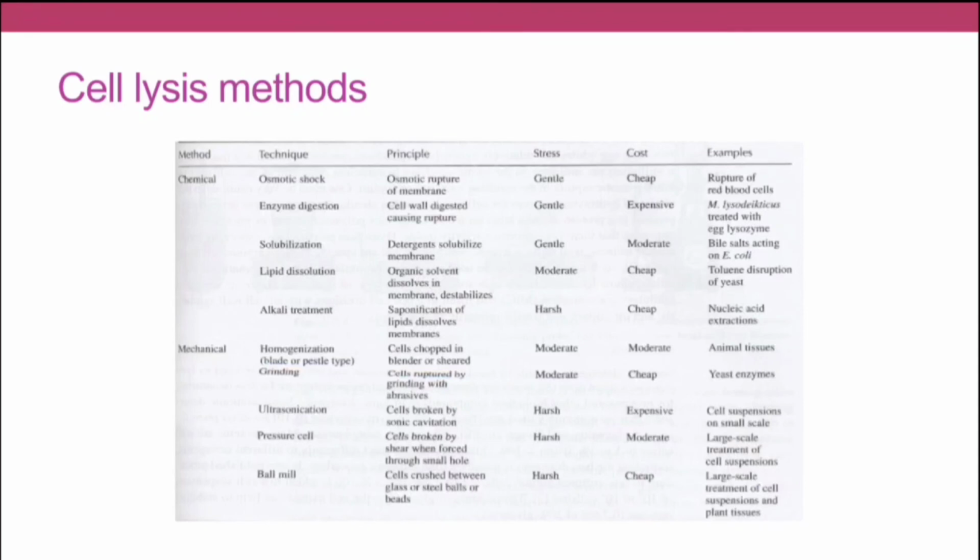The stress is very harsh, the cost is moderate, and large scale treatment of cell suspensions can be carried out. Then the ball mill, where ball bearing-like balls are used. The cells are crushed between glass or steel balls or glass beads, and the treatment is very harsh. It is cheap, and large scale treatment of cell suspensions and plant tissues can be carried out.